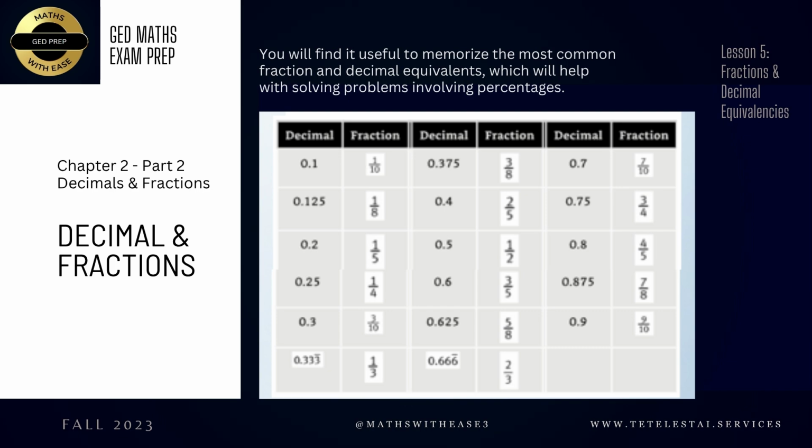And I should mention quickly, when you see a bar over a digit like we see here for the decimal equivalent of 1/3, which is 0.333, this bar is simply letting you know that the author decided to stop at the thousandths place, but this 3 continues into perpetuity.